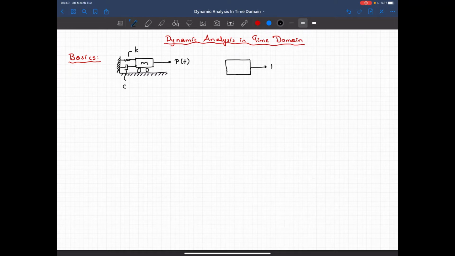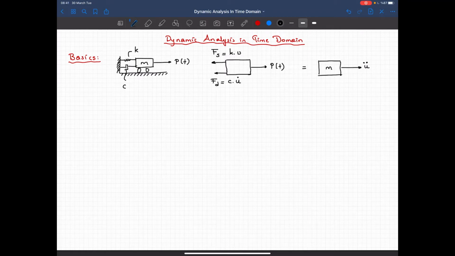Here I have P(t), the applied force, and I have the resisting elastic force, Fs, that will be equal to k times u, and I have a damping force, and I'm defining the damping as depending on the velocity, and this should be equal to mass times the acceleration of this member.